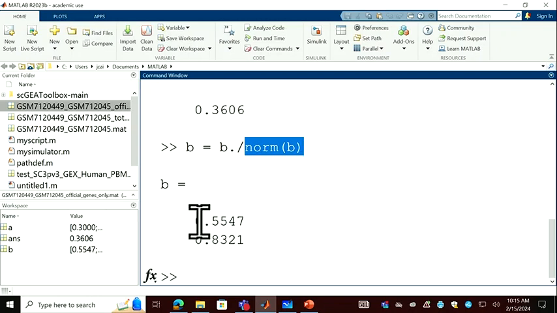So now this is my new definition of the vector b, which gives me the direction, and I'm going to use this as my new x-axis for my coordinate system. You can confirm that norm b now is 1.